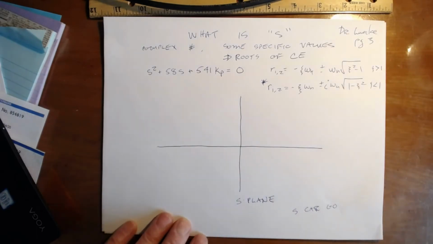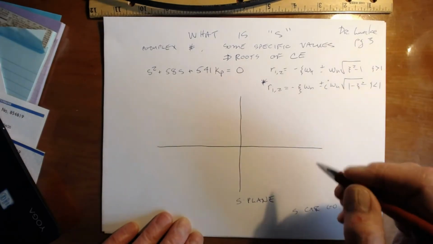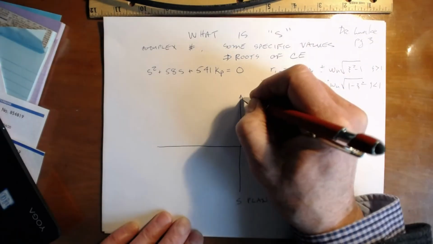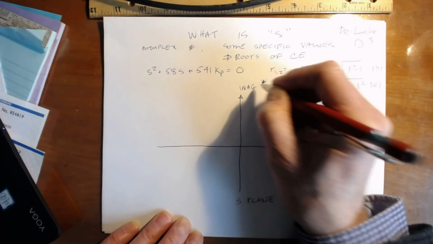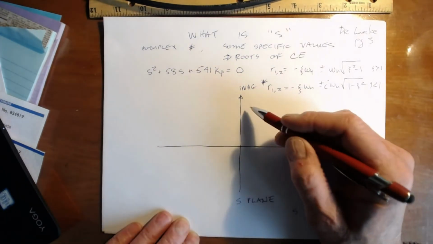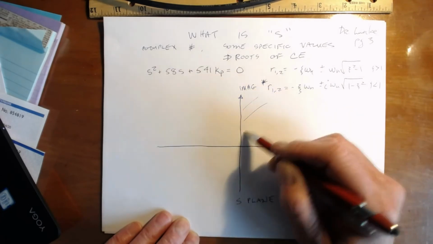Okay, so this is the real axis and this is imaginary. I kind of made this too big, because one of the things we know is that any roots on this side are bad.